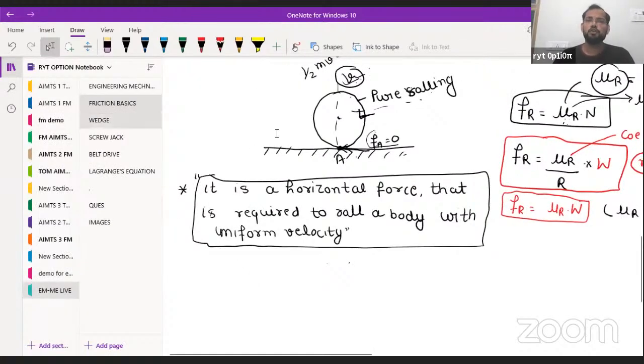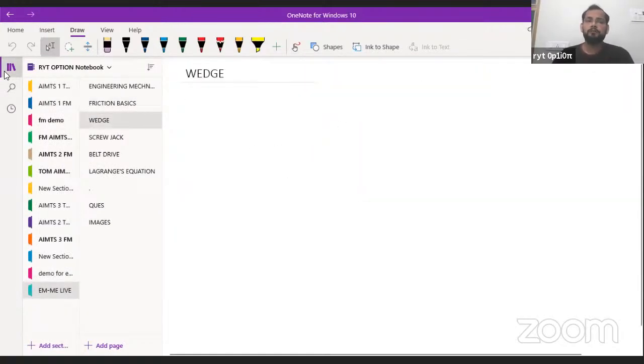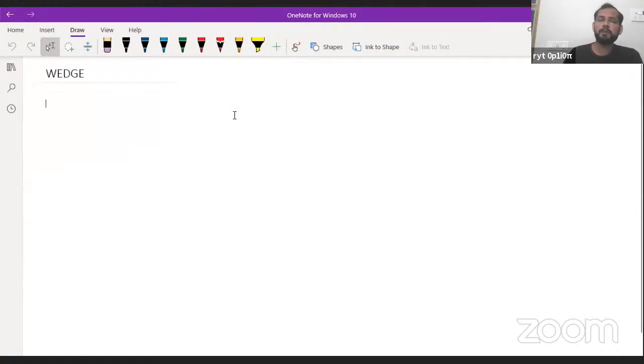So what is the first application problem? Here we are going to discuss the wedges. Can anybody tell me what is a wedge? Anybody? What is a wedge? Okay, no problem.